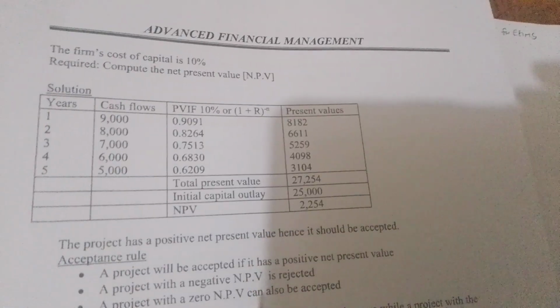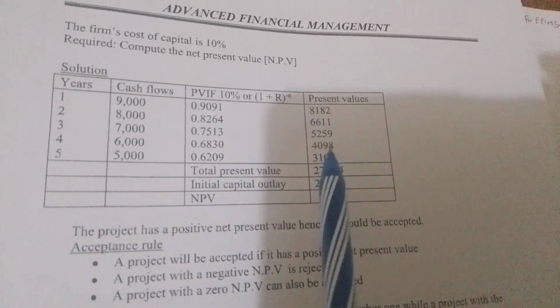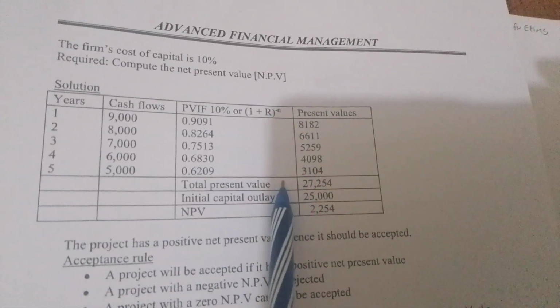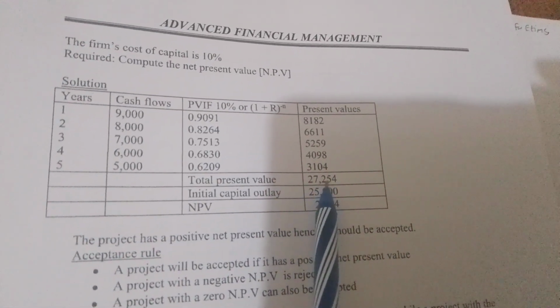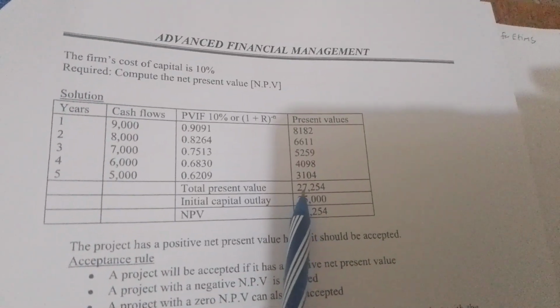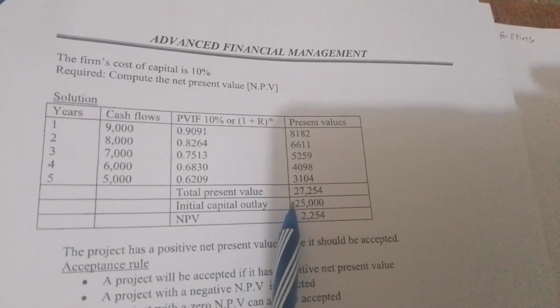So total present values, sum up those numbers together. Present values you sum up from here downwards to get 27,254. This project, you are told it will cost 25,000 shillings.